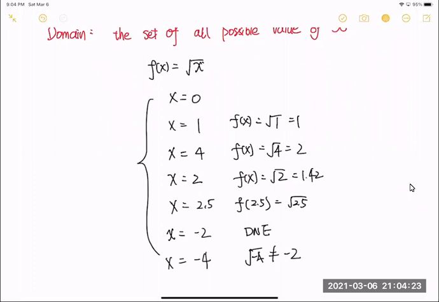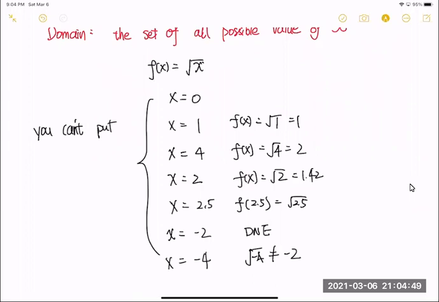Okay, so that means what? When we summarize this, we find the pattern. So what do we know? We know that x can be equal to 0. x can equal any positive number, but x cannot equal a negative number, right? So this is the domain of the function.